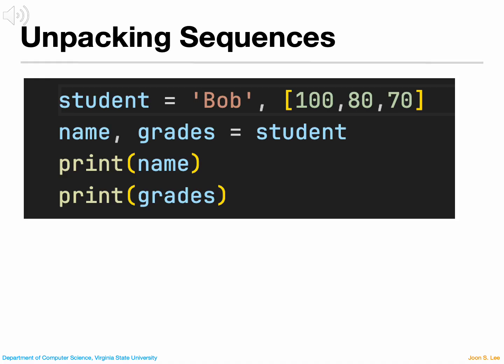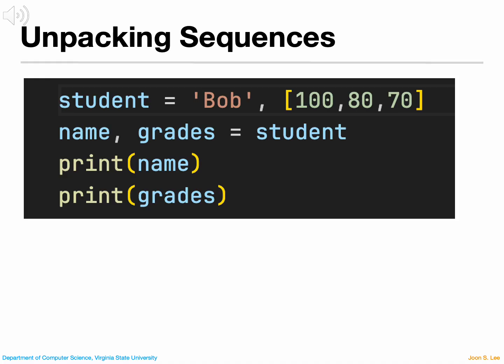The first item, Bob, is assigned to name, and the second item, the list, 100, 80, 70, is assigned to grades. So when we print name, we'll see Bob, and when we print grades, we'll see 100, 80, 70. This process is called tuple unpacking, or sequence unpacking, and it works with both tuples and lists.